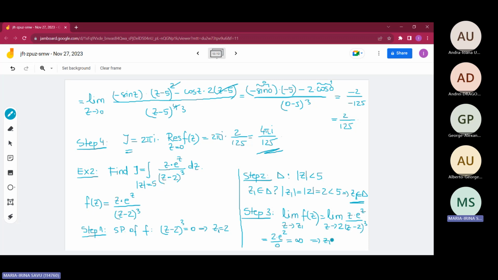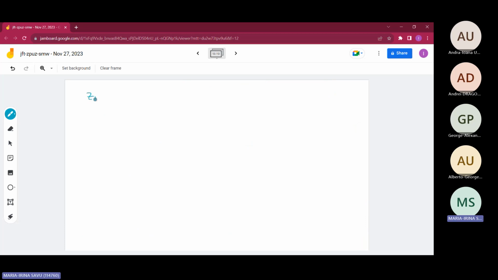So z1 equals 2 is a pole. It is very simple to see the order of the pole because of the exponent, which is 3. So 2 is a pole of order 3.